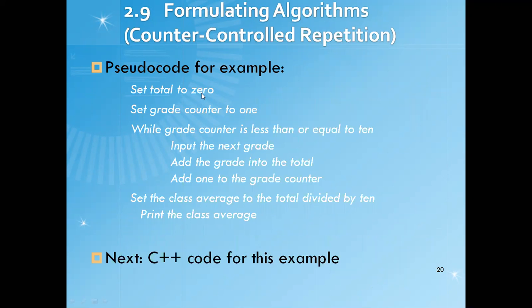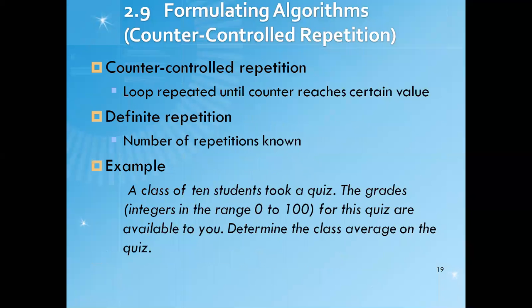So it is kind of the idea. First set the total at the start to 0, right? Then set the grade counter to 1, while grade counter is less than or equal to 10. Input next grade. The 10 is because we said this is 10 students in the class.